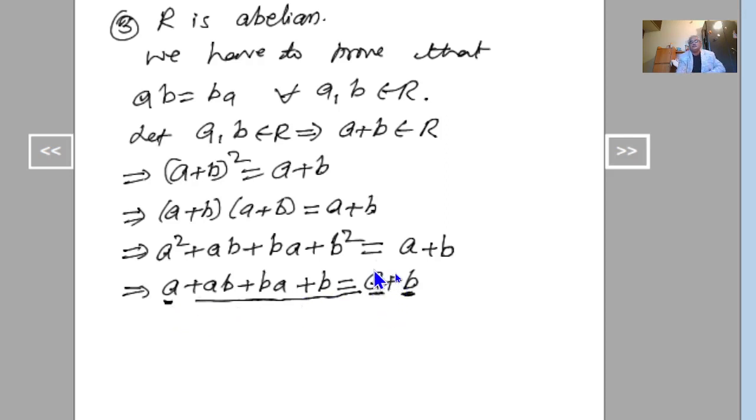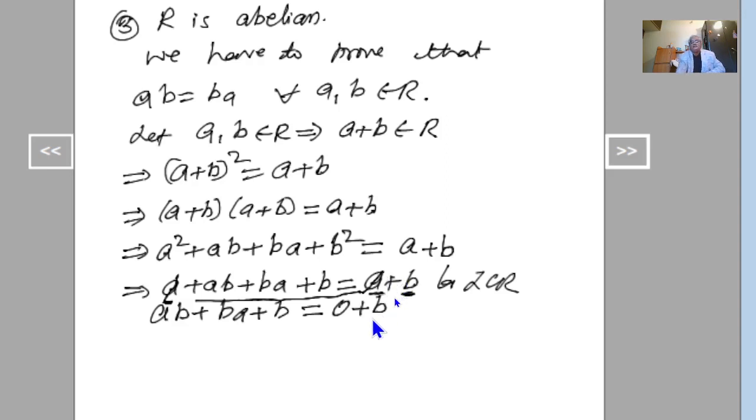By cancelling the left element, we can cancel A and A. Then we write this as AB plus BA plus B is equal to, on the right hand side, B is remaining. I will write this B as 0 plus B.